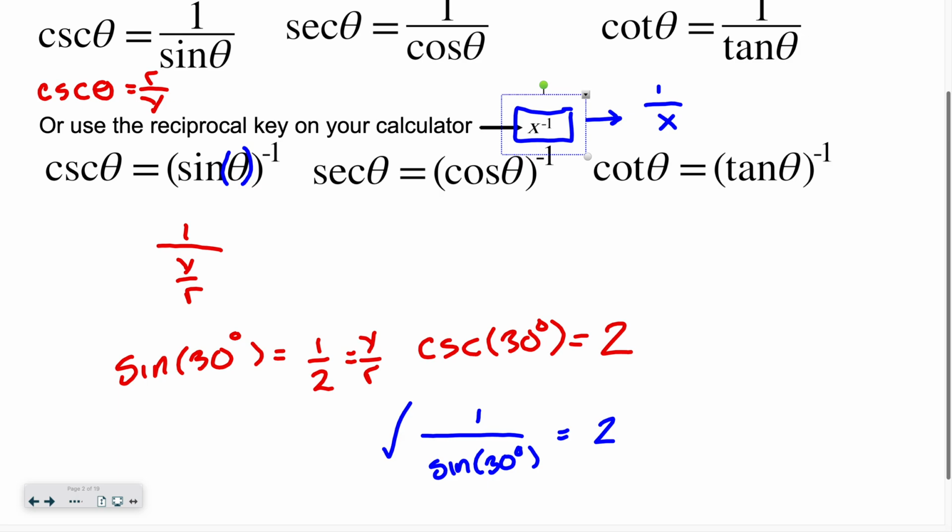Alternatively, some calculators have it expressed as 1 over x, which is the reciprocal of x. Either of those keys mean the same thing, and they're the reciprocal key. So whatever value is on the screen in your calculator, if you hit that reciprocal key, it's going to take the reciprocal of your value.